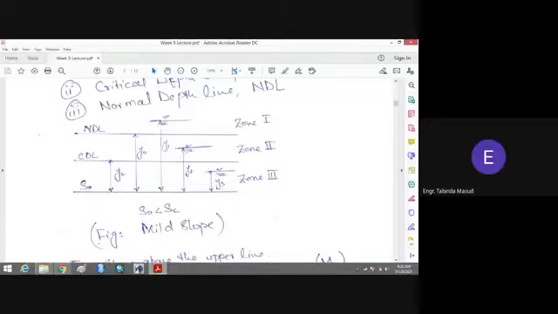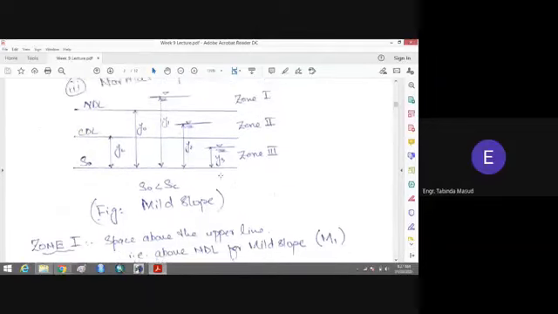Similarly, if the flow is here below the critical depth line, then we will say that it is zone number 3. In this case, y0 is greater than yc, which is greater than y3. It is denoted by M3, where M stands for mild slope and 3 stands for zone number 3.